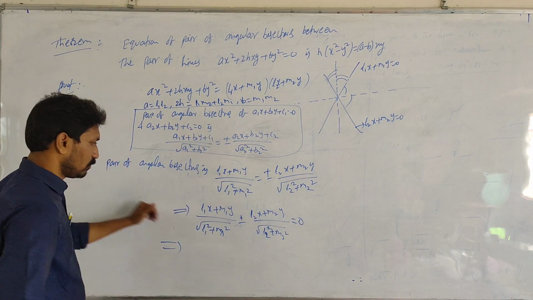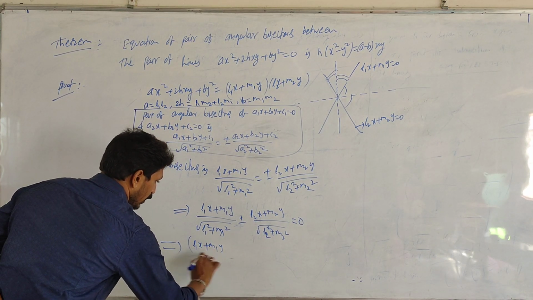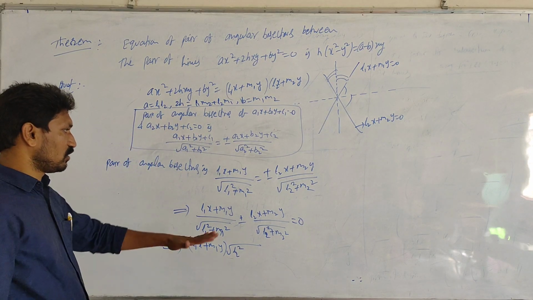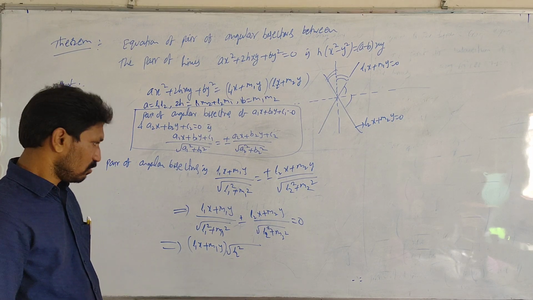So now cross multiply. In other words, we do one thing: squaring on both sides also we can do. That is also one of the things.